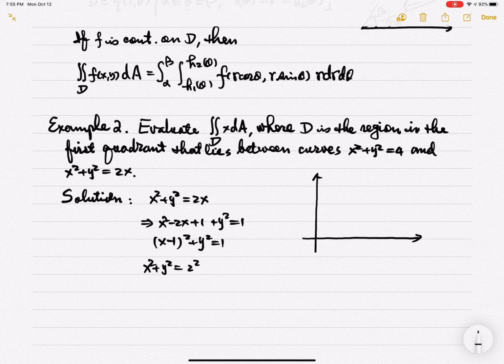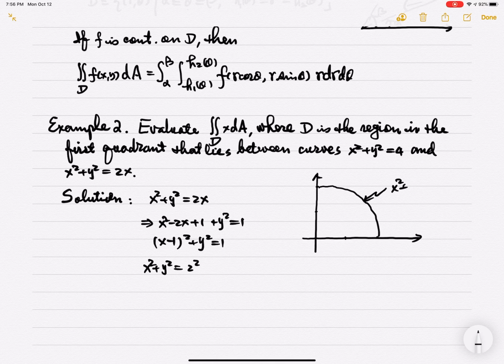Suppose this is 1, 2, and here is 1, 2. That's in the first quadrant, so this is a quarter of a circle.